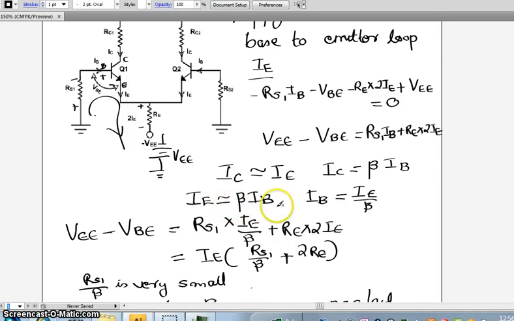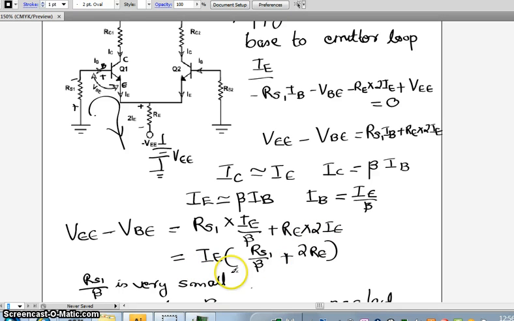From here I can write IB as IE by beta. Now substitute the value of IB into this equation. So my equation now turns to VEE minus VB is equal to RS1 multiplied by IB, which is IE by beta, plus RE into 2 times IE.